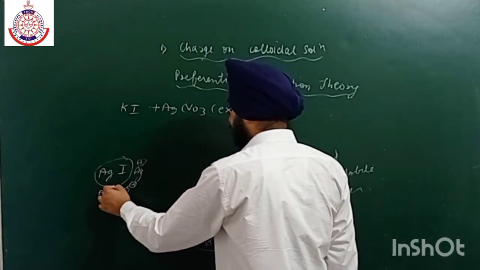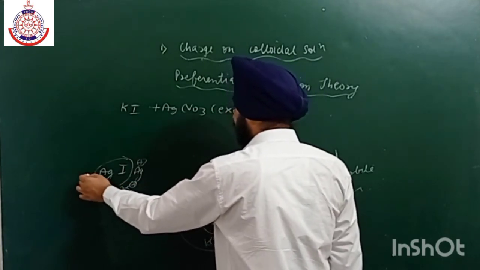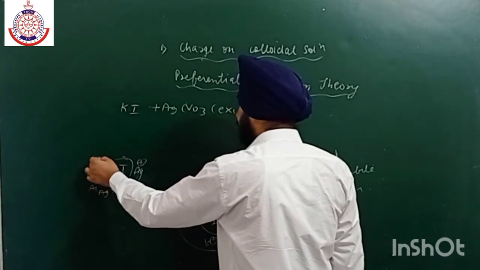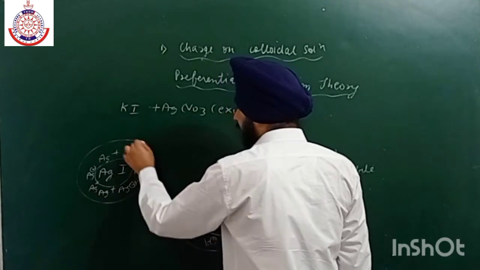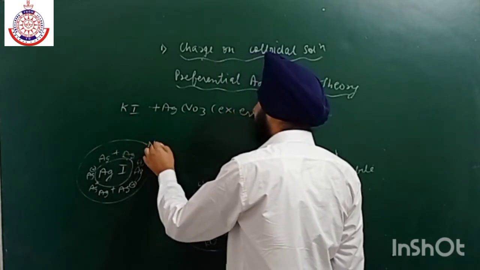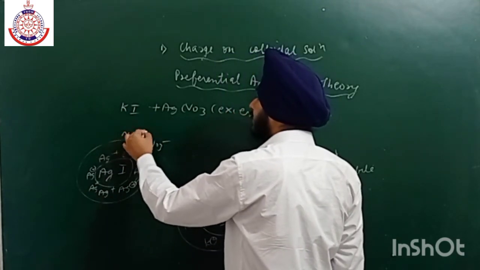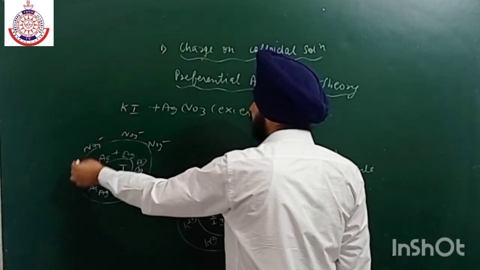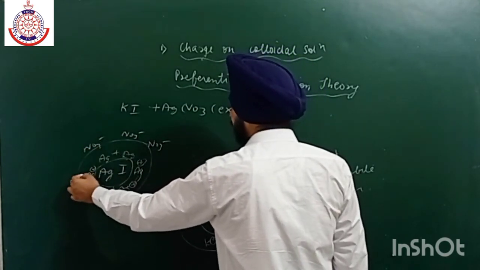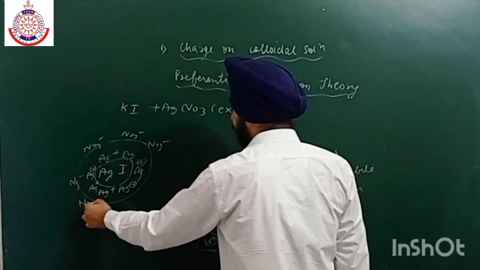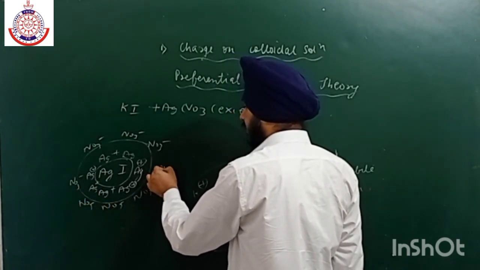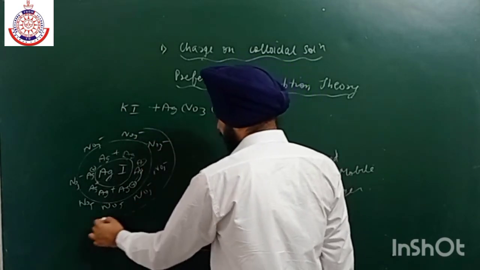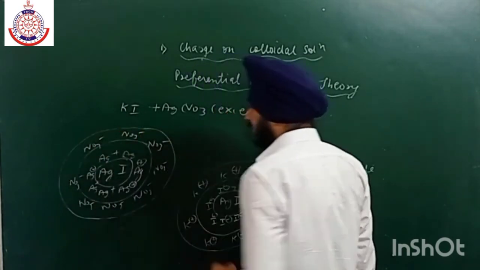This Ag positive will get adsorbed and form a fixed layer, and the NO3 negative will remain in the diffuse layer, or the mobile layer.